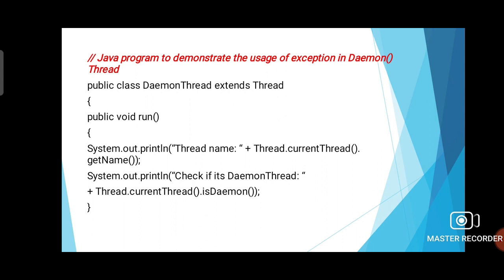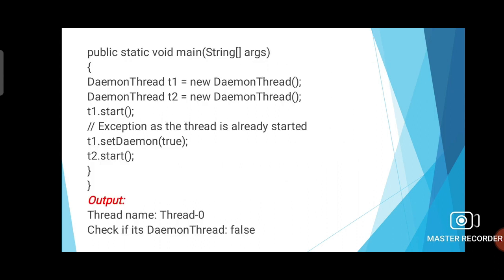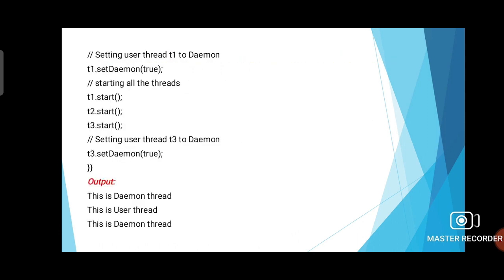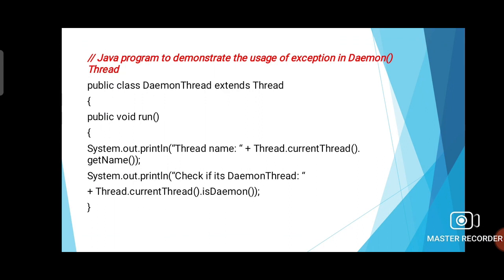So in this way, we can use the setDaemon method to change a thread into a daemon thread, and the isDaemon method is used to check whether the current thread is a daemon thread or not.